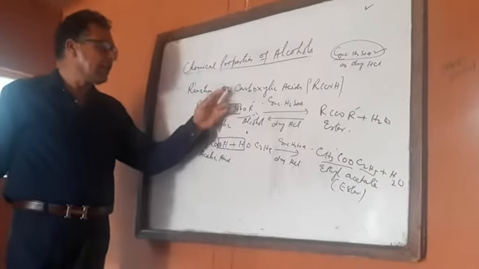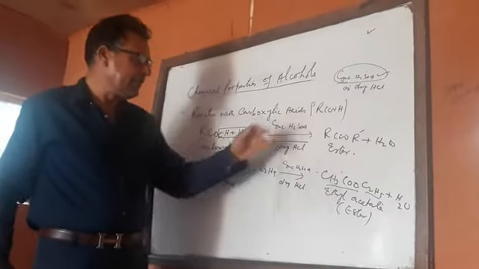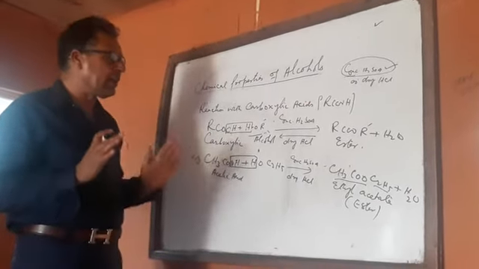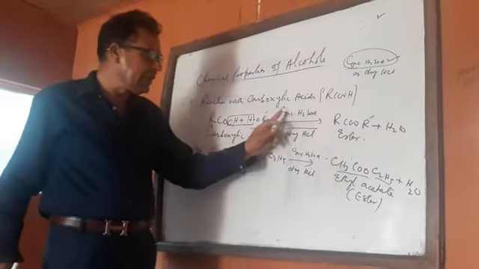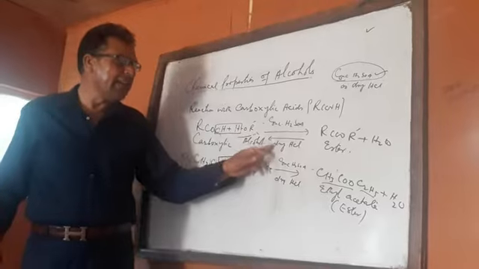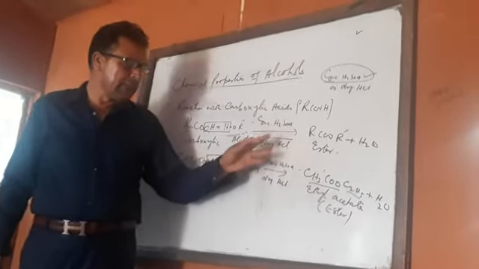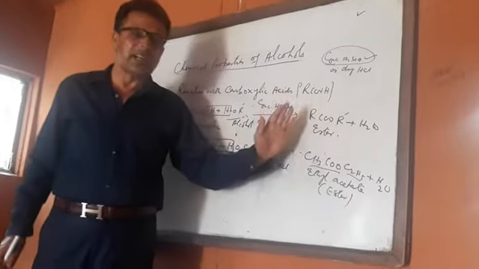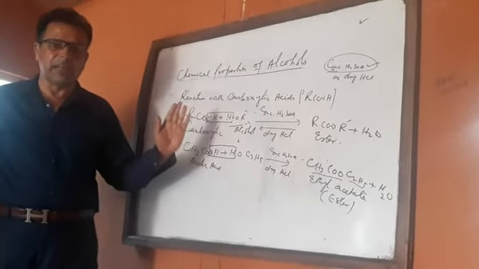Reaction with carboxylic acids. Alcohols react with the monocarboxylic acids in the presence of concentrated sulfuric acid or dry HCl to form esters. This is also known as esterification of alcohols.